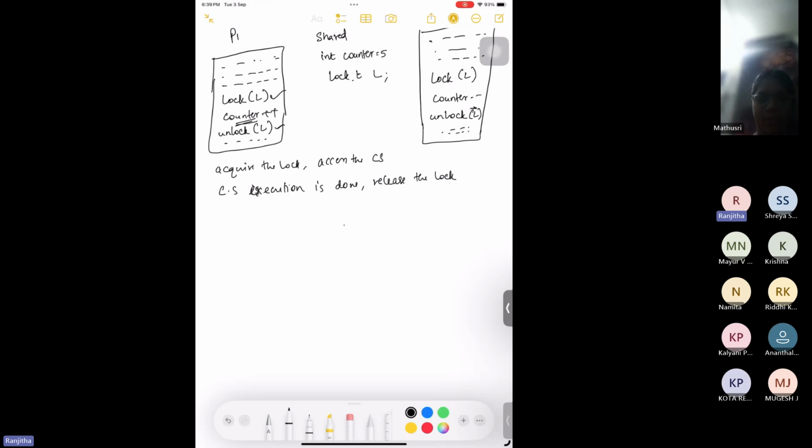One very simple mechanism is to disable interrupts. We saw earlier that the counter had values of 4, 5, and 6 because there were context switches happening in between.